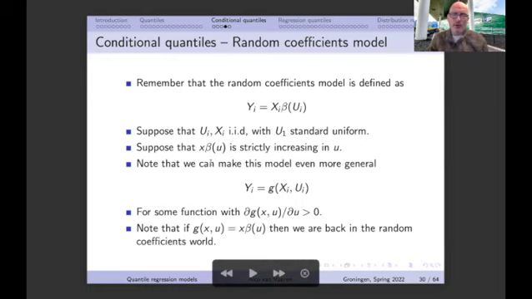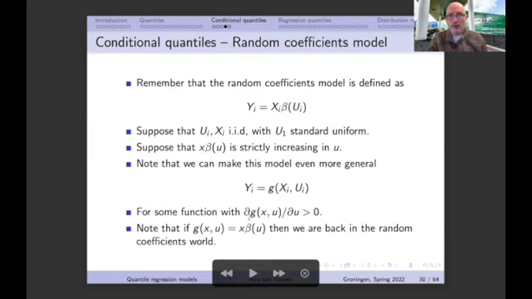We could even look at a more general model, in which we have y at the left hand side, and on the right hand side simply a function g of x_i and u_i. This is an even more general model than the random coefficients model.